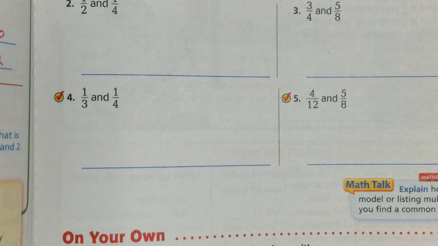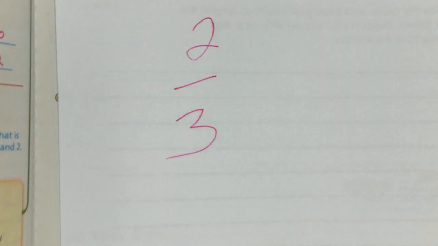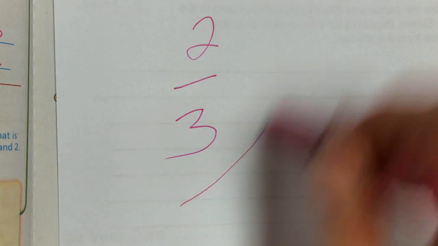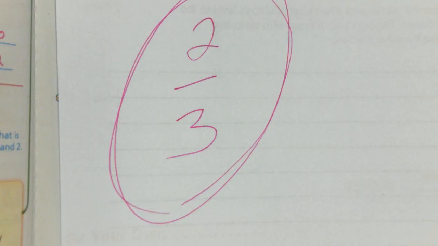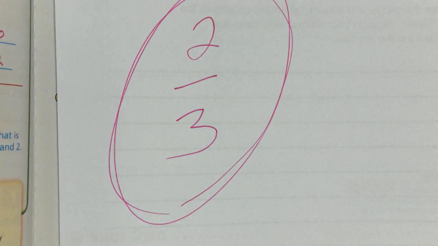All right. If I am asking you to do a math problem with the number 2/3, then in order to get the correct answer, I always have to work with the number 2/3, right? I can't just change that number.